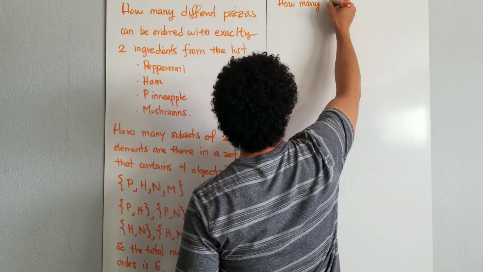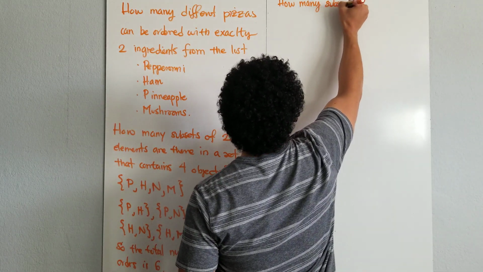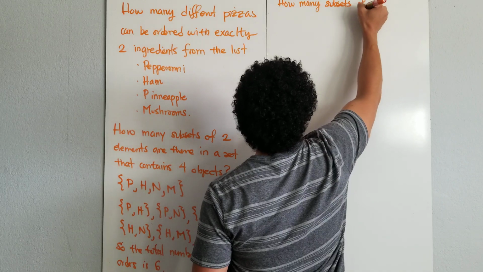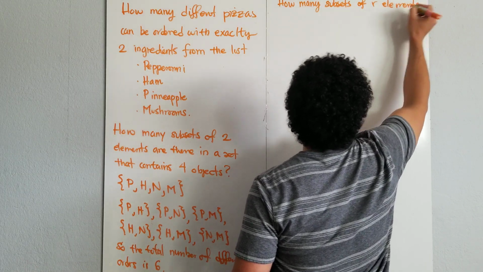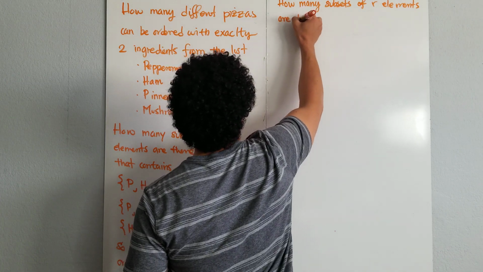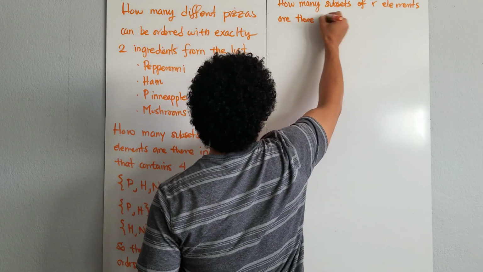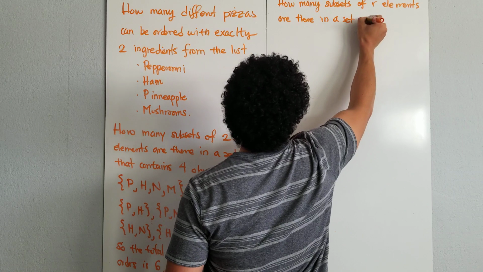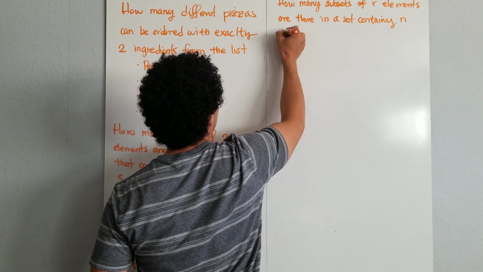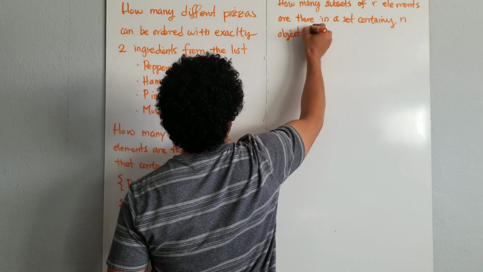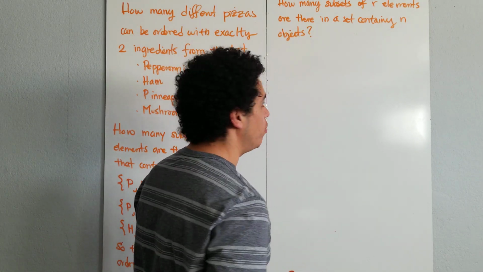How many subsets of R elements are there in a set containing n objects? We're gonna give this a name.